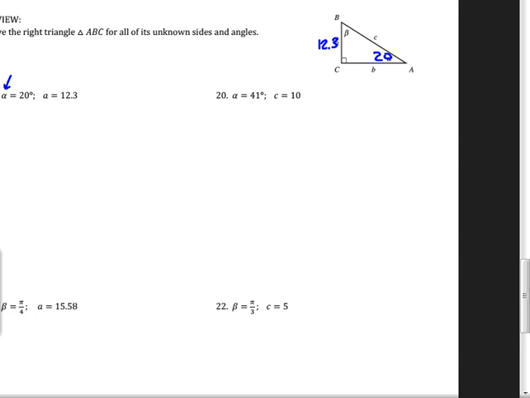So I'd redraw the triangle here and go, okay, so you know this is 12.3, you know this is 20 degrees, and you want to know everything else.